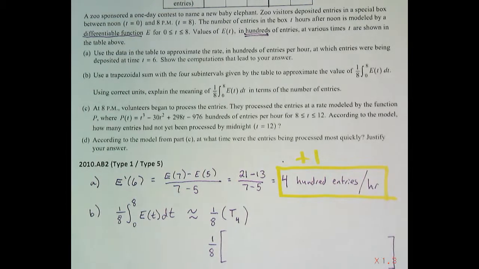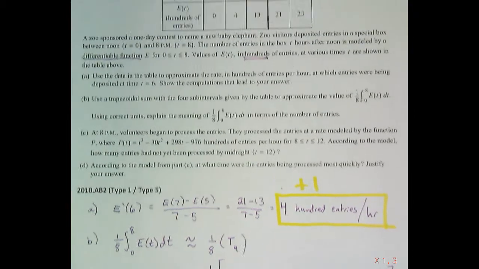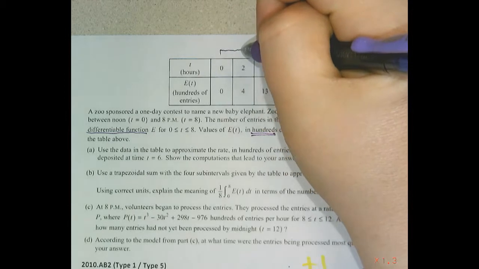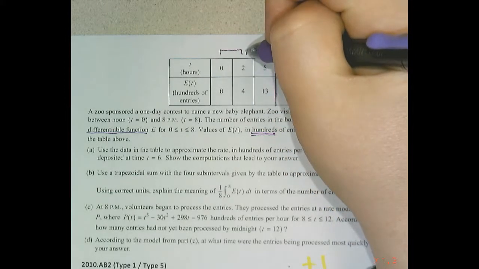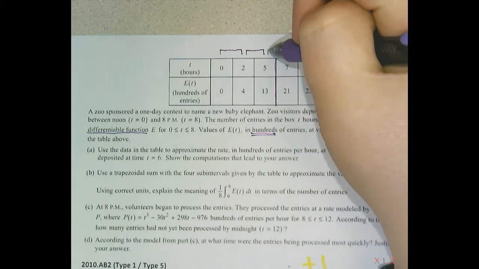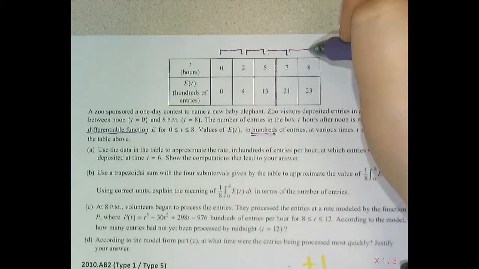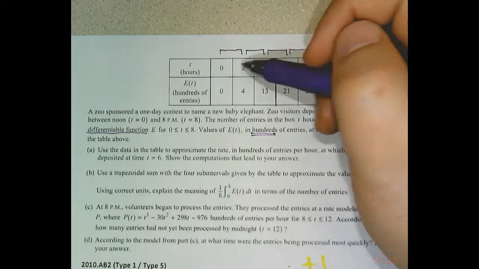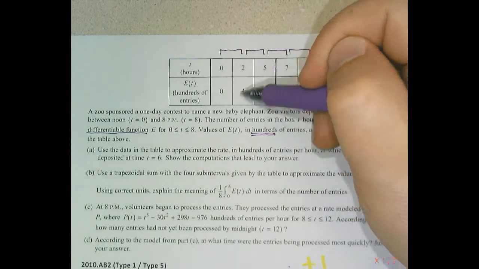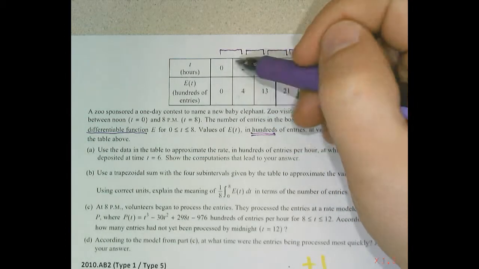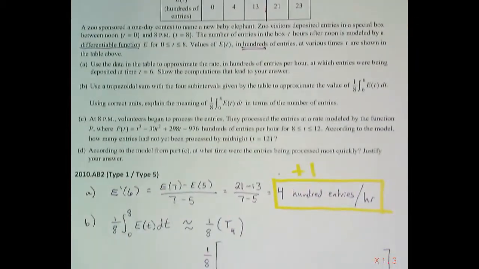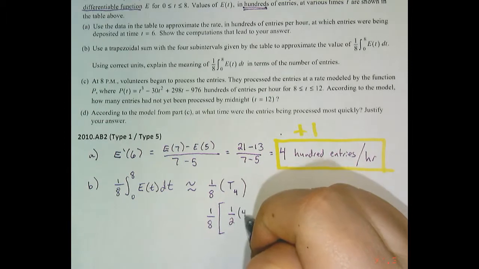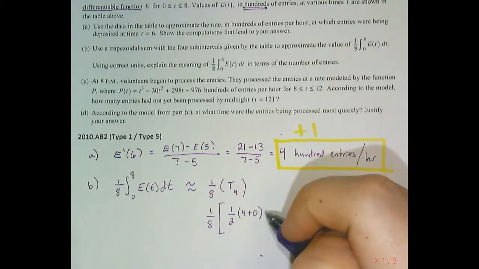T of 4, we're looking at our table, and our first trapezoid goes from 0 to 2. Our second one goes from 2 to 5, 5 to 7, and 7 to 8. So there's our 4 trapezoids. The value for the area of the trapezoid, if you want to use the word area, is going to be average of the bases times the width of that trapezoid.